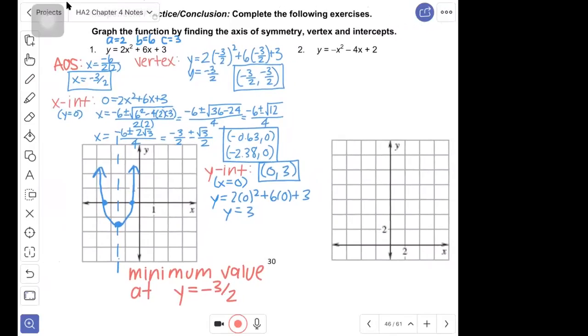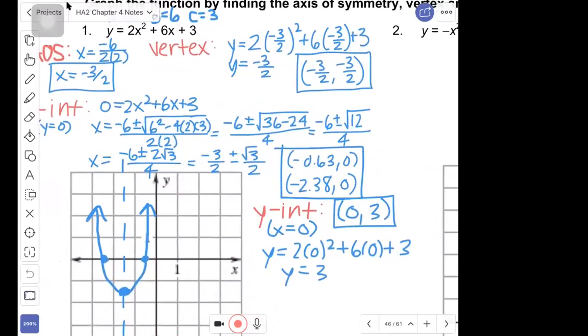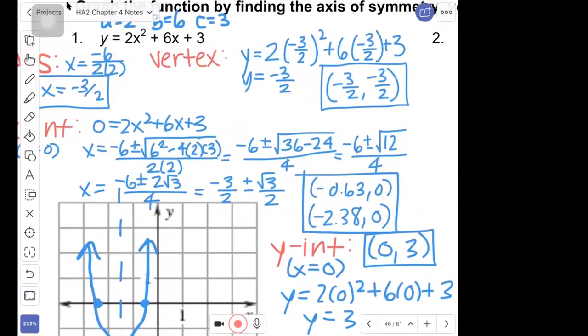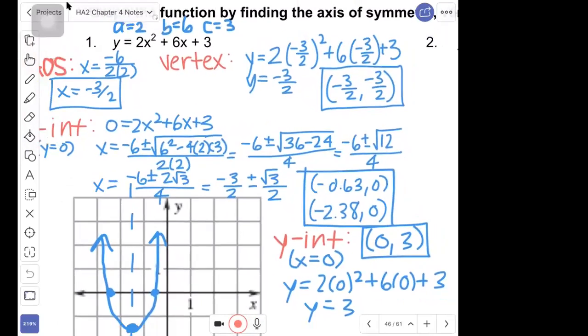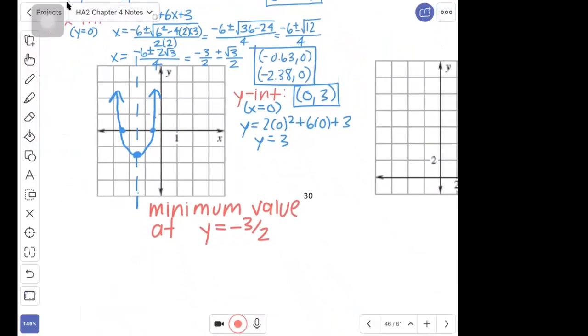Miss Carp, whenever you were simplifying for the x-intercept, so after you had -6 plus or minus 2 square root of 3 over 4, how did you break that apart further? Yeah, this is what Jaden was asking too. I'll bring it down here.